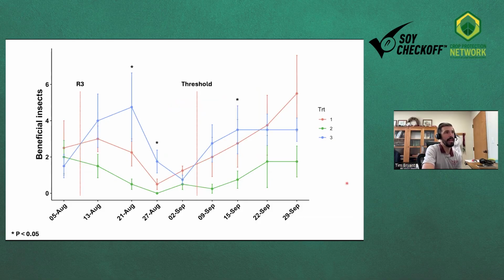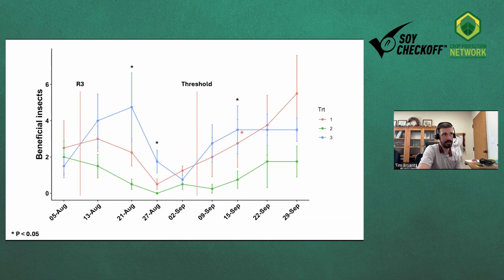So then when we look at beneficial insects, again, our automatic application at R3, and then our threshold treatment, the product Intrepid Edge that we sprayed for loopers at the threshold is a little bit friendlier on beneficial insects. So you can see in our threshold treatment, after we made that application, it didn't knock down the population significantly.